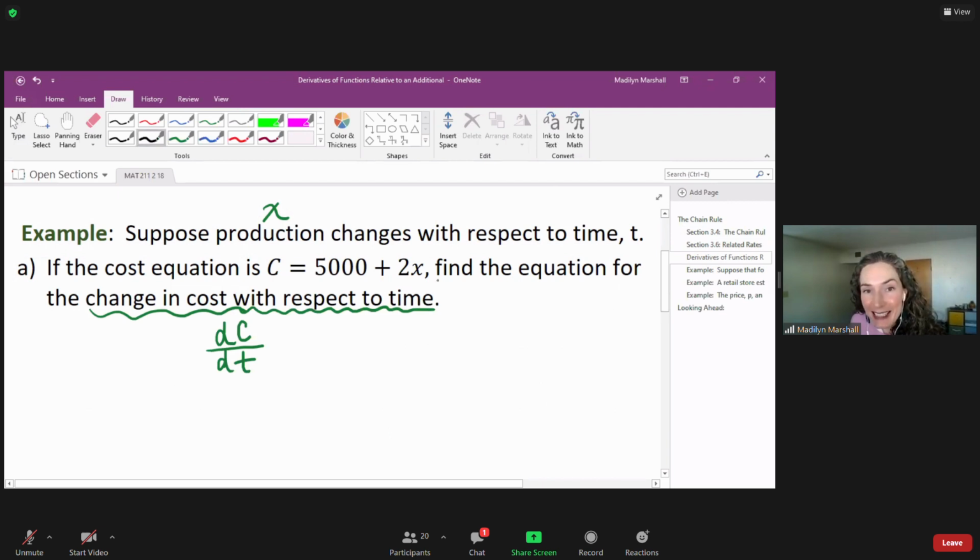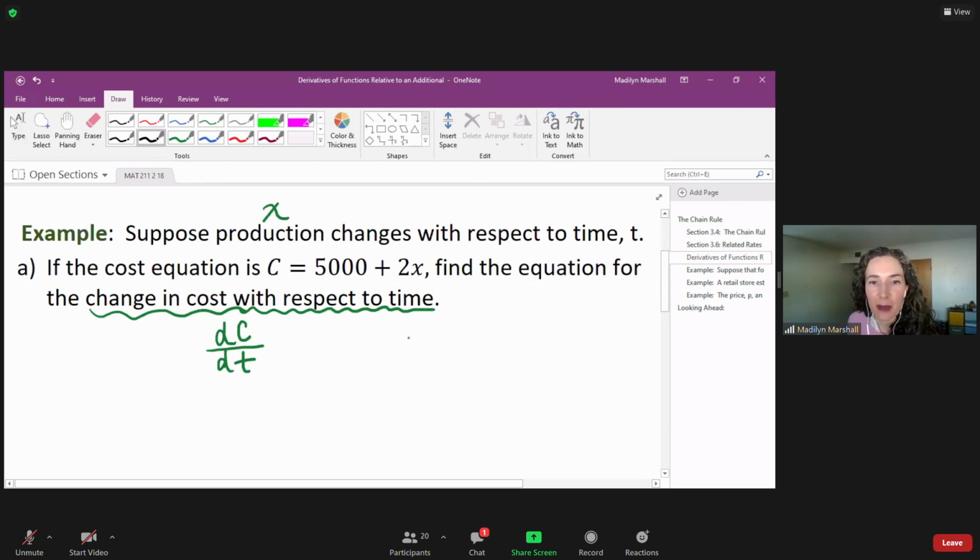The thing is, there is no t in our equation. So taking the derivative of cost with respect to time maybe feels a little impossible at the moment because there's no t in our equation.